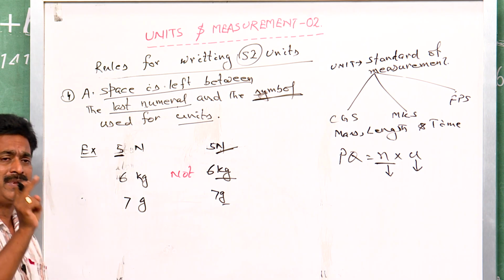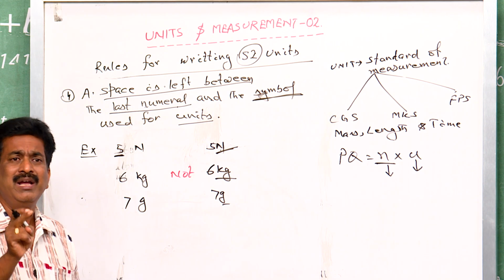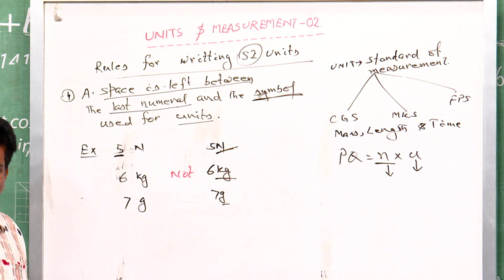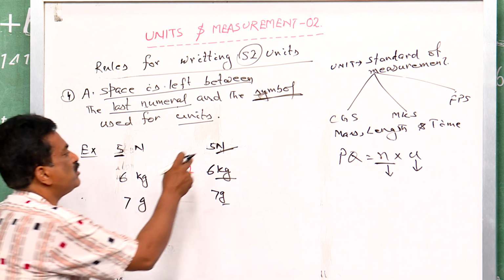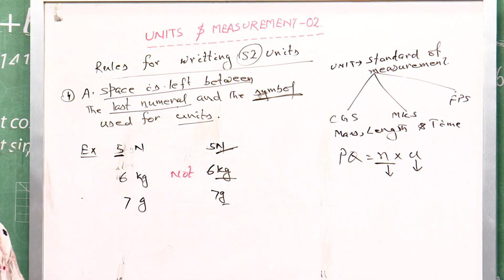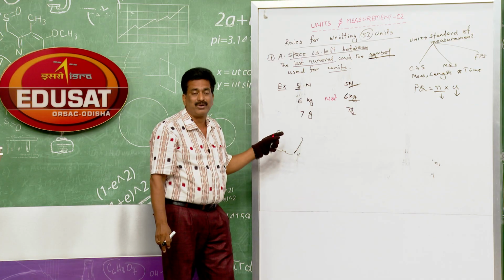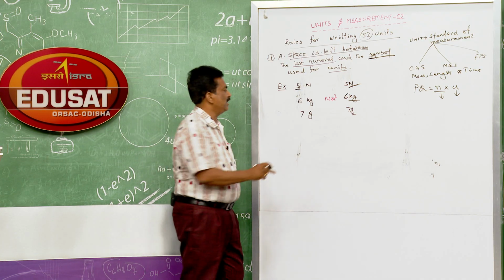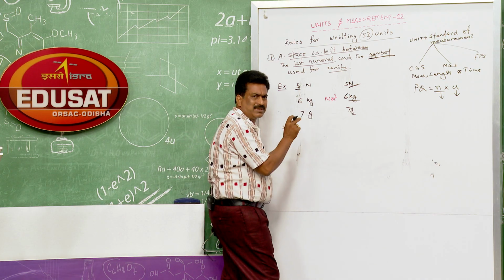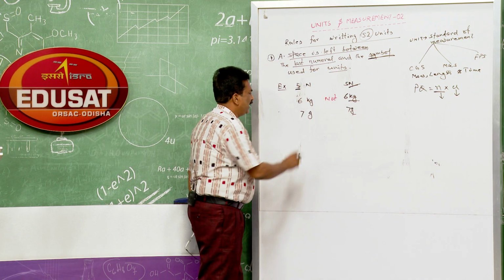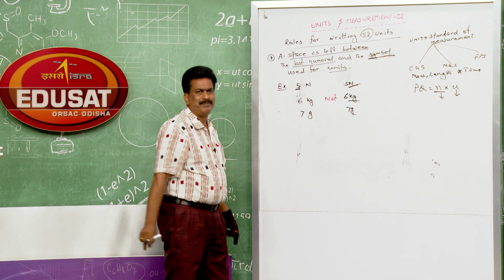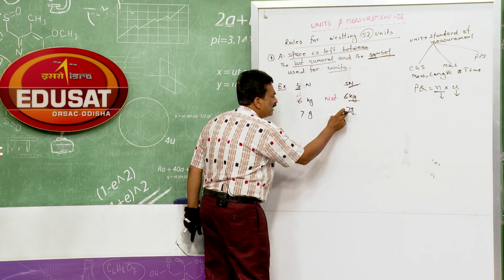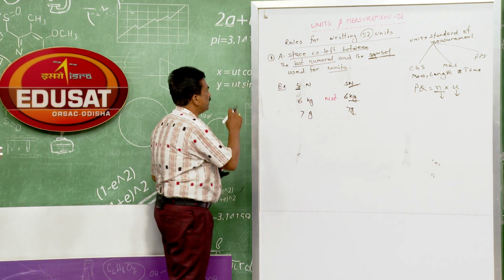As I said, if the symbol is for a scientist's name, like Newton, it is the name of a scientist, so for him it is N, but kilogram is not the name of a scientist. Therefore, on the third point we have written, for other units they should be small letters. So, kilogram is not the name of a scientist, therefore it is kg. This is gram, therefore it is g. And if instead of Gauss we write it small, then it will be a capital G. So, this is the third point.